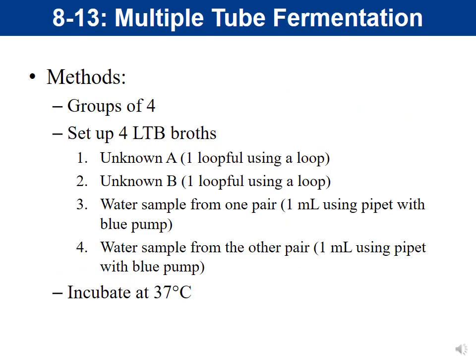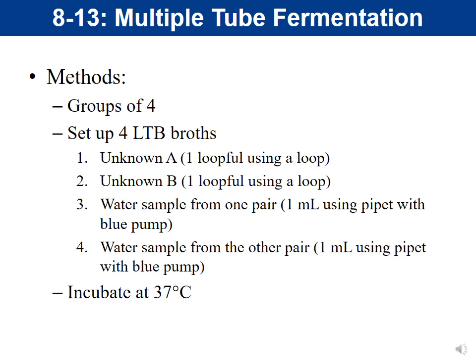For the multiple tube fermentations, this would be done in your groups of 4. We would give you unknown A and unknown B. Unknown A is one water sample and unknown B is another water sample. When we do this in our class, we do it kind of crude.